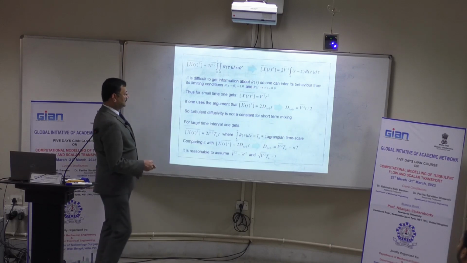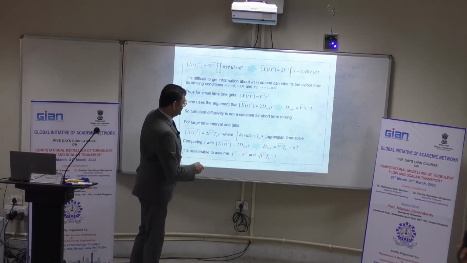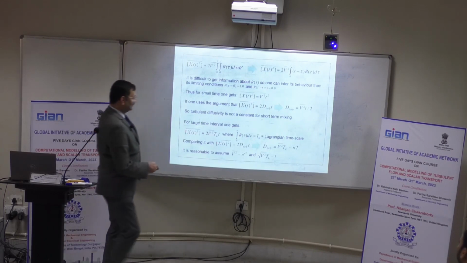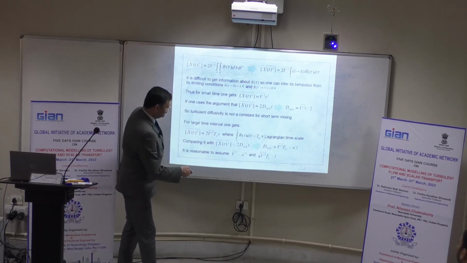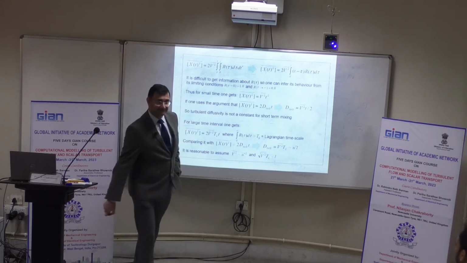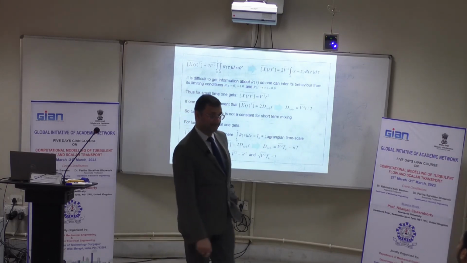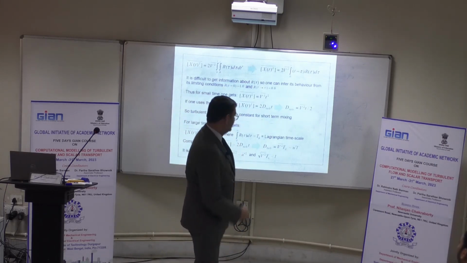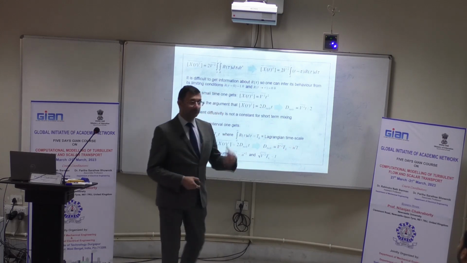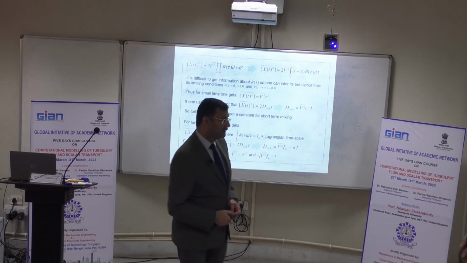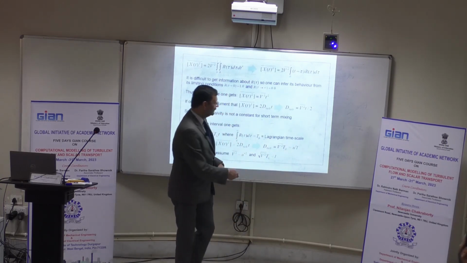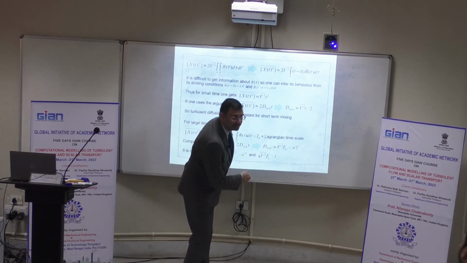For large time interval, this is the Lagrangian time scale, and that basically gives you this. Again, if you actually compare that with this result, then you will get this relation. Okay? So if I consider this v squared is equivalent to u prime squared, let's say, u prime squared times some kind of turbulent time scale scales with the integral length scale of turbulence.